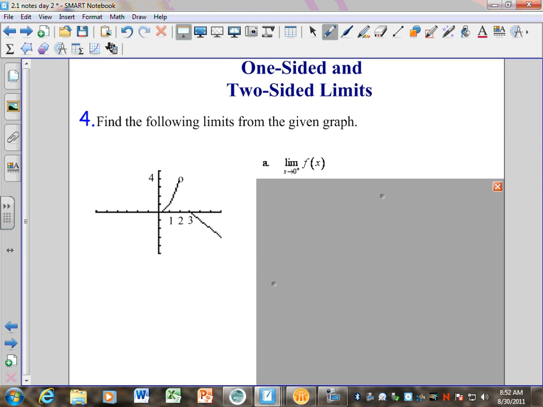And then we're just going to find a bunch of limits. So we're going to start with the limit as x approaches 0 from the right of the function.